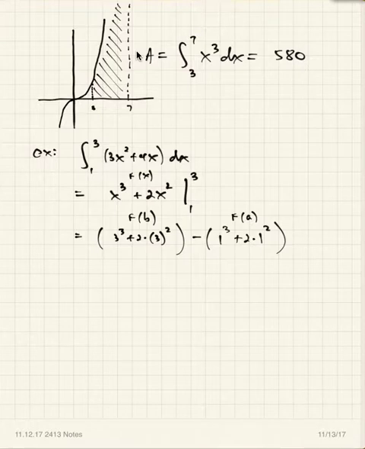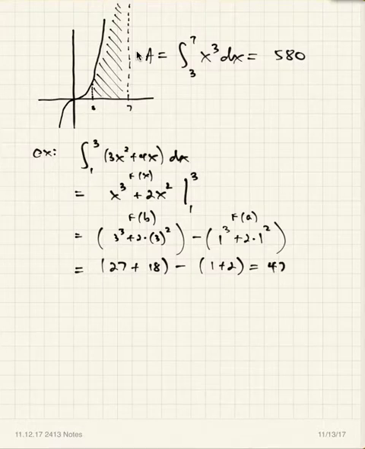That's our antiderivative. So what do we get here? We get 27 plus 18 in the upper limit, and then the lower limit we get 1 plus 2. So you get 45 minus 3, you get 42 is the value for this region.